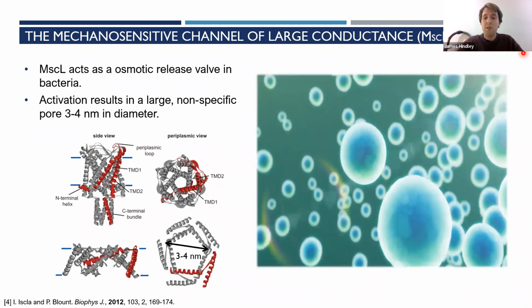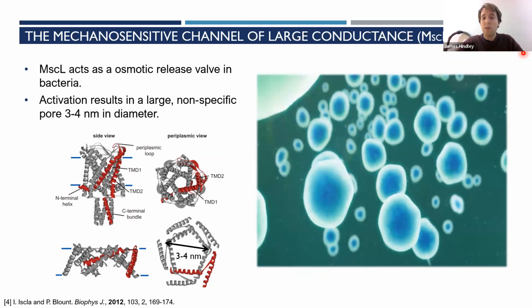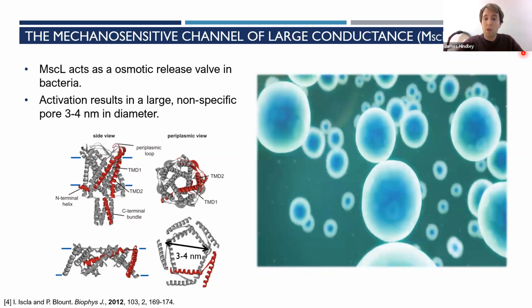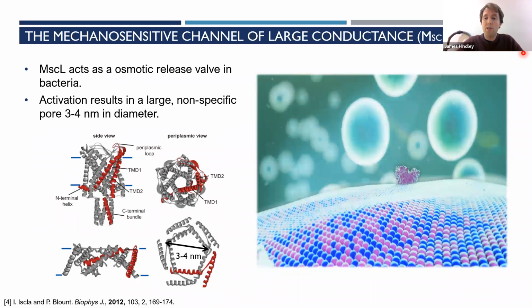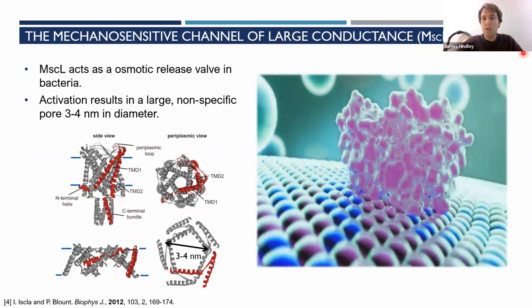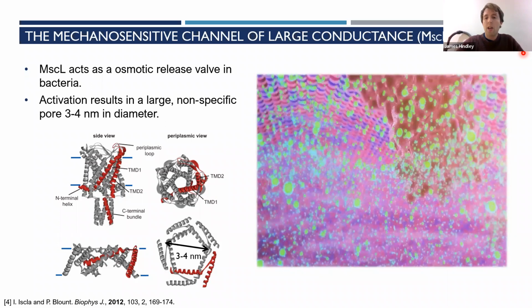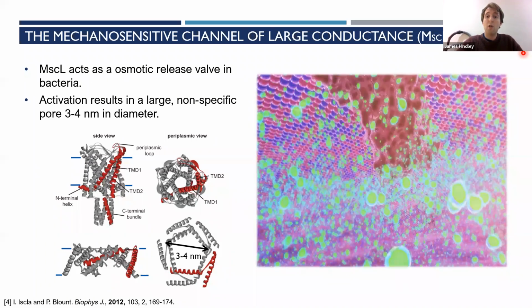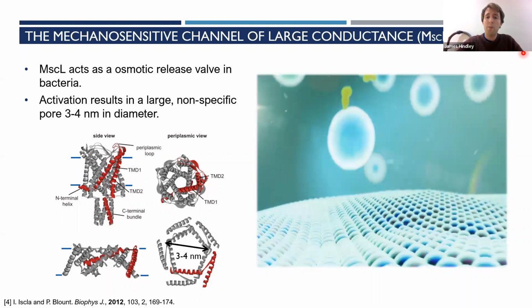This is quite a few years old now, but in this cartoon, we can see MSCL reconstituted into the membrane of some lipid vesicles. And then we have a cargo encapsulated in there. In our initial work, this was a small dye, but of course it could be a drug.